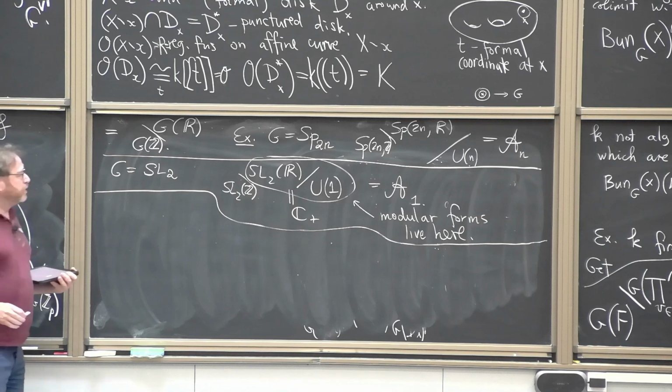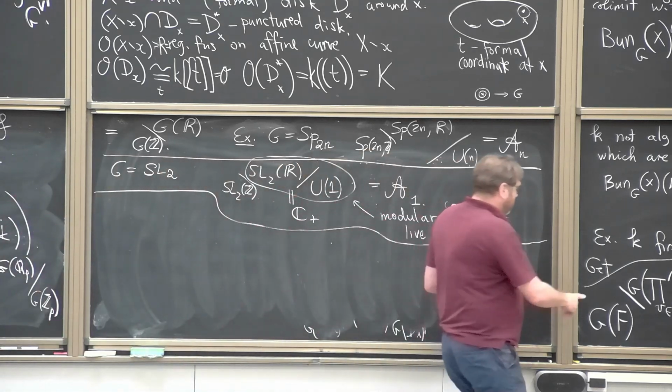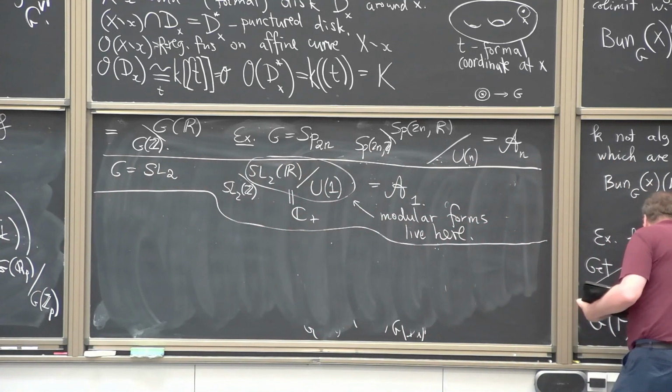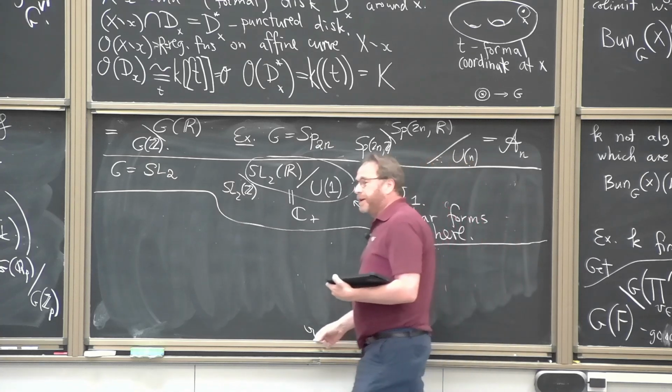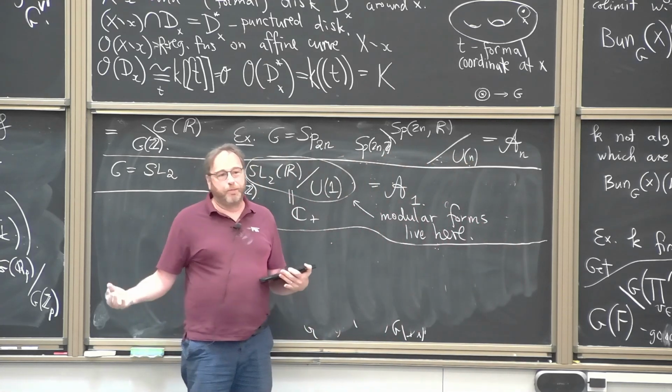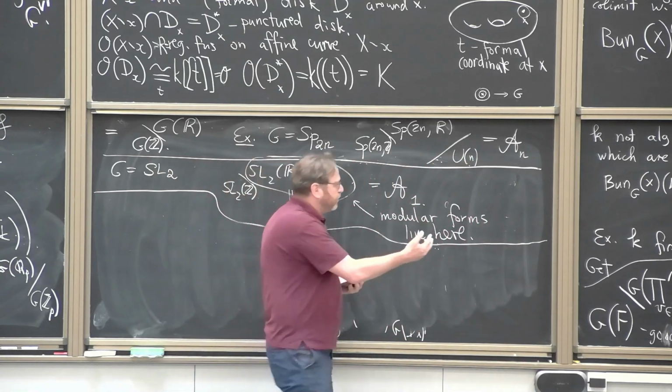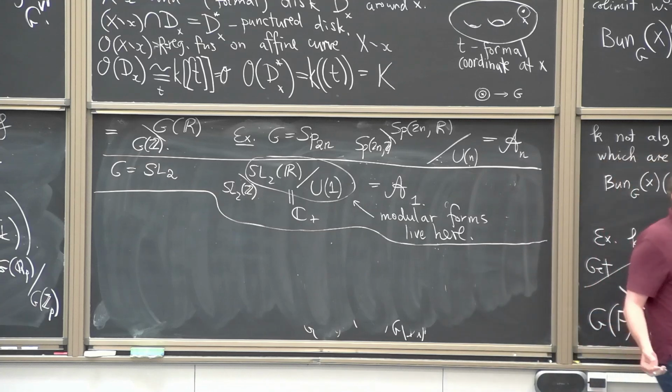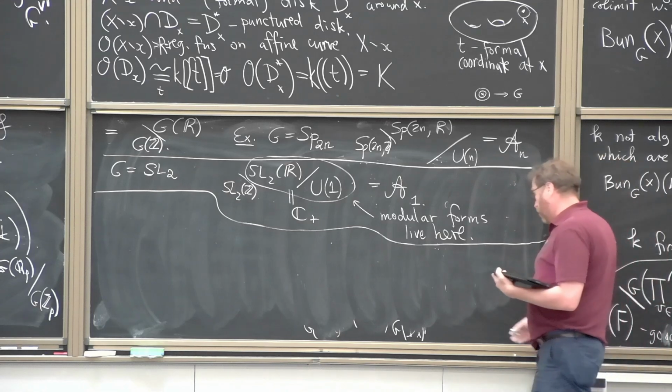But what I want to say is that this presentation is already good for any reductive group, not necessarily semi-simple, because now we removed all the points. And of course, if we remove all the points and go to the field of functions, then any vector bundle or any G-bundle will be trivialized, because any bundle, as I explained, is Zariski locally trivial.